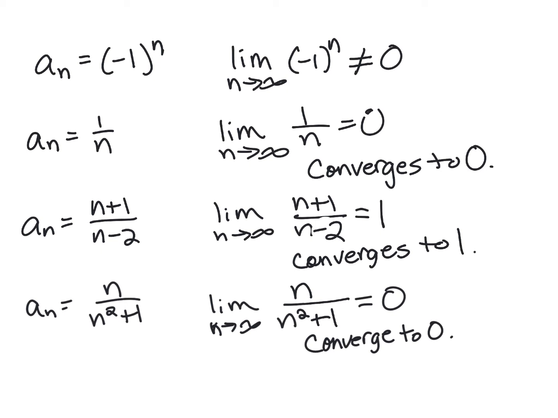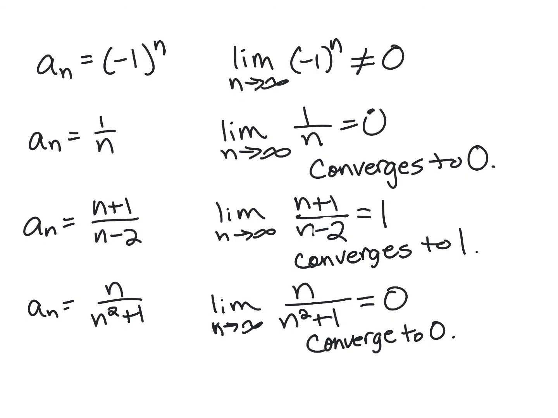You would think that if you're adding up a bunch of numbers like 1/2 plus 1/3 plus 1/4 plus 1/5, eventually, way out there in the end, you're getting to 0. So you're just adding 0, 0, 0, or pretty close to it. You would think that that would converge, but it does not.